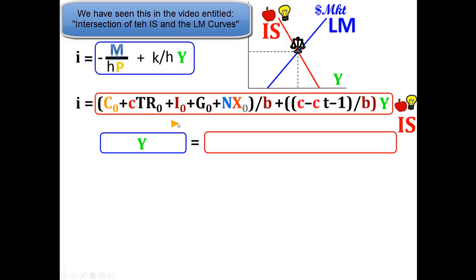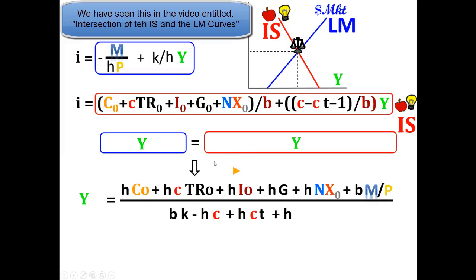We have done that in a previous video, and then from here the only variable is income, so we isolate income and we get this expression. Then the y that you are finding here is the y in equilibrium, and if we take the LM curve and plug in the value that we found here, then what you get is the interest rate in equilibrium, which is this point.